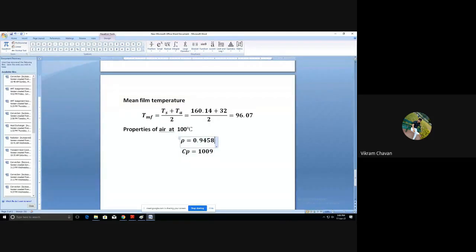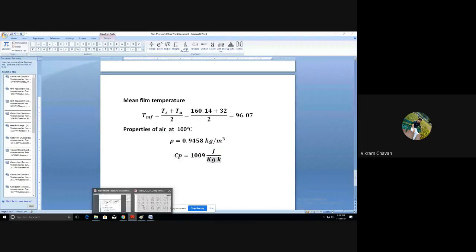Its unit for density is kg per meter cube, and the Cp value is in joule per kg Kelvin. Cp is known to you.